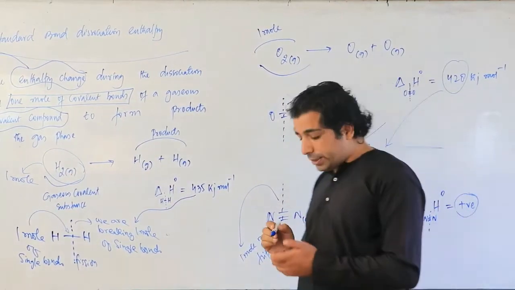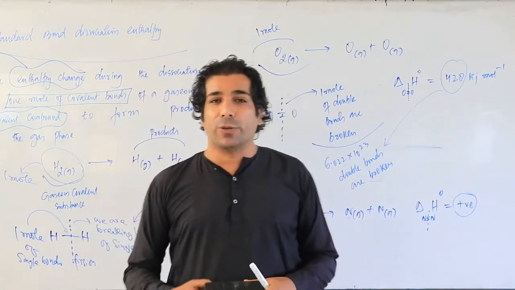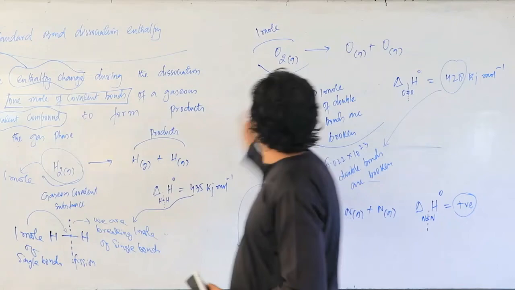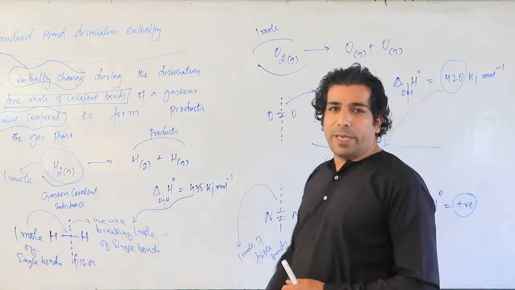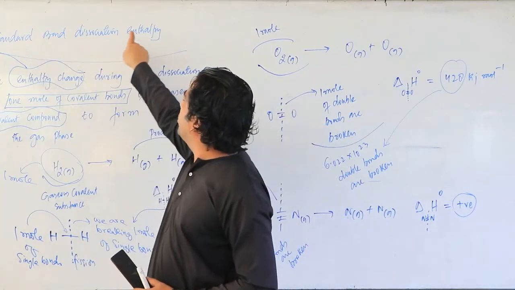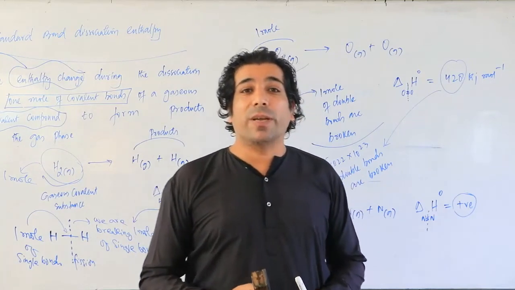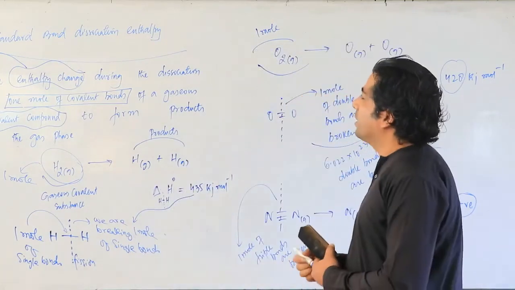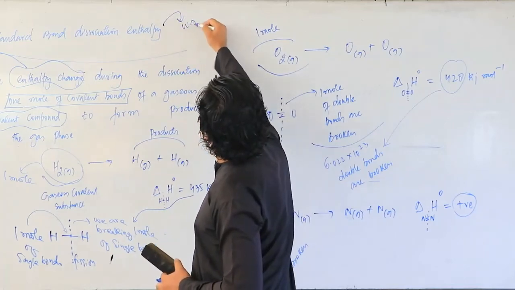Remember, my dear friends, H2, N2 and O2 are diatomic molecules because there are 2 atoms in each. So that means we are actually learning the standard bond dissociation enthalpy with respect to diatomic molecules.